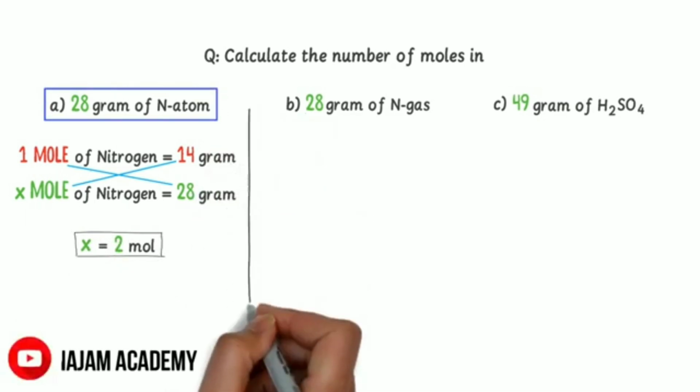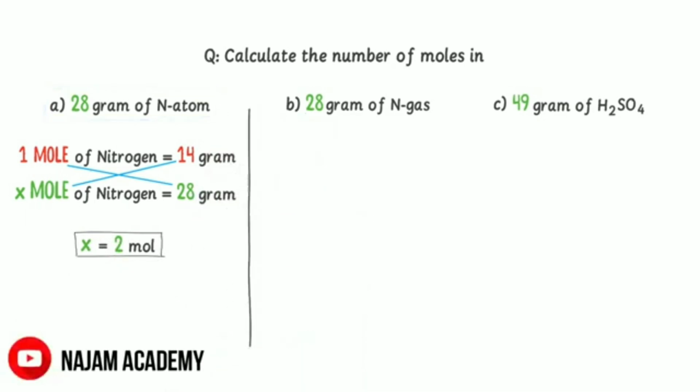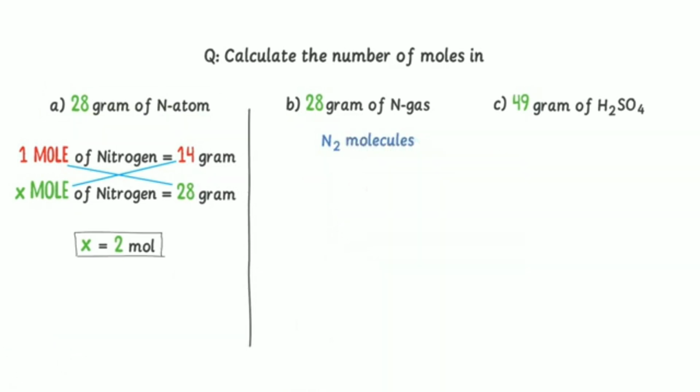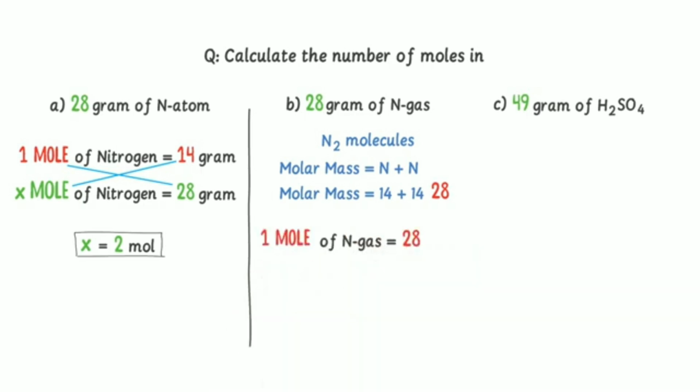While in the case of nitrogen gas, we know that N2 molecules are present in the nitrogen gas. First of all, I need to find the molar mass of N2 molecules. I write N plus N or 14 plus 14 and I get 28 gram. So the molar mass of N2 molecules is 28 grams. Hence we say that 1 mole of nitrogen gas is equal to 28 grams.